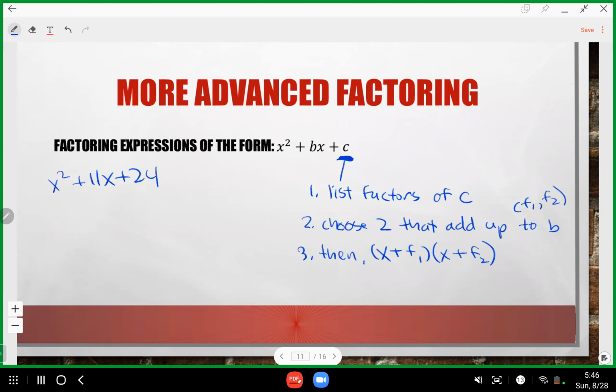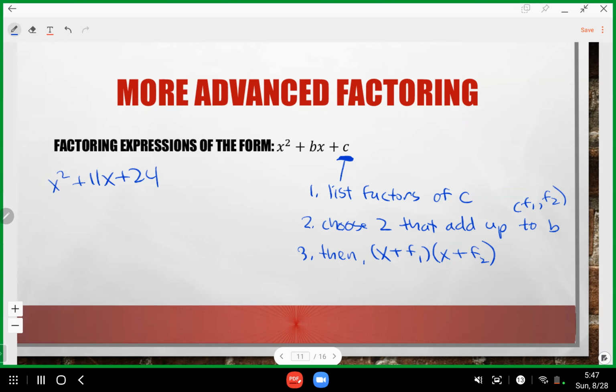So you've got to look at the c term. Normally we have something like an a term, maybe 3x squared plus 11x plus 24, but right now we don't know how to factor ax squared plus bx plus c. We're going to work with a special case where a is equal to 1, therefore there is no a. So it's just x squared plus bx plus c. So let's work with this special case first.